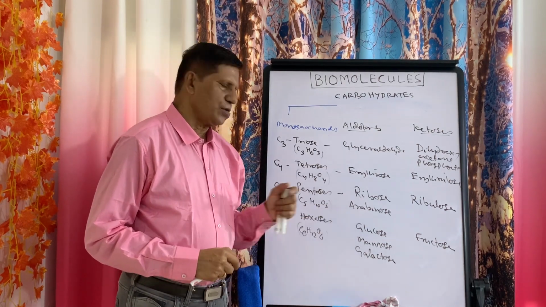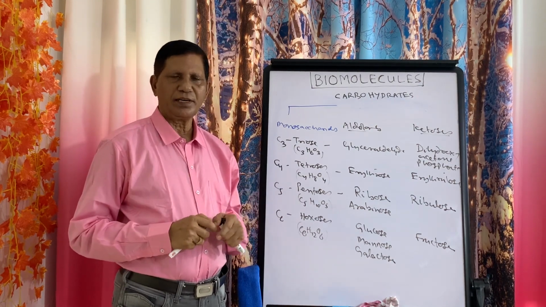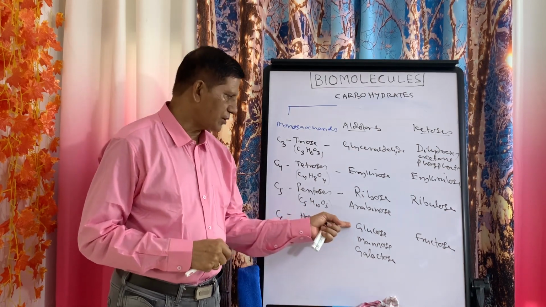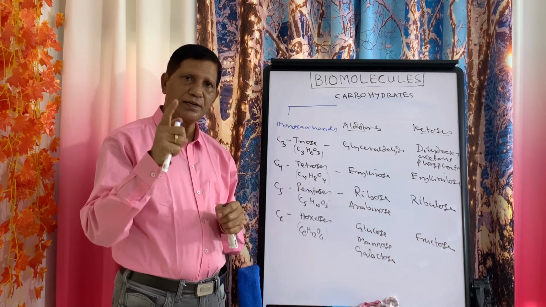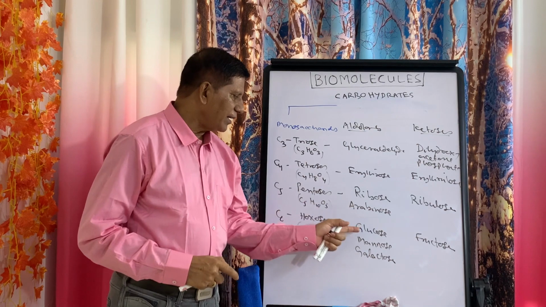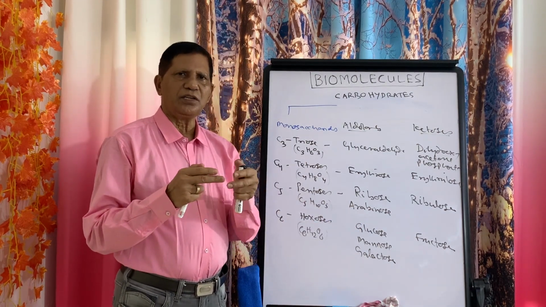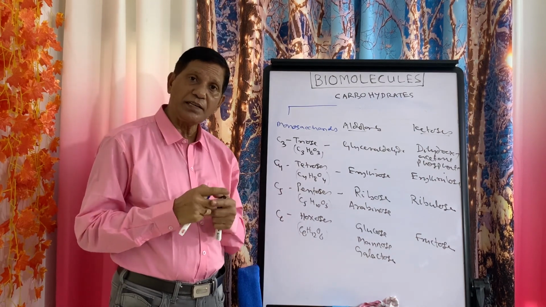Glucose is known as blood sugar, because it is elevated in case the person suffers from diabetes. It is also known as the grape sugar, because the major sugar present in grapes is this one. Then mannose is usually a non-sweetener, and it is not usually present in higher plants, but it is present in the nuts.